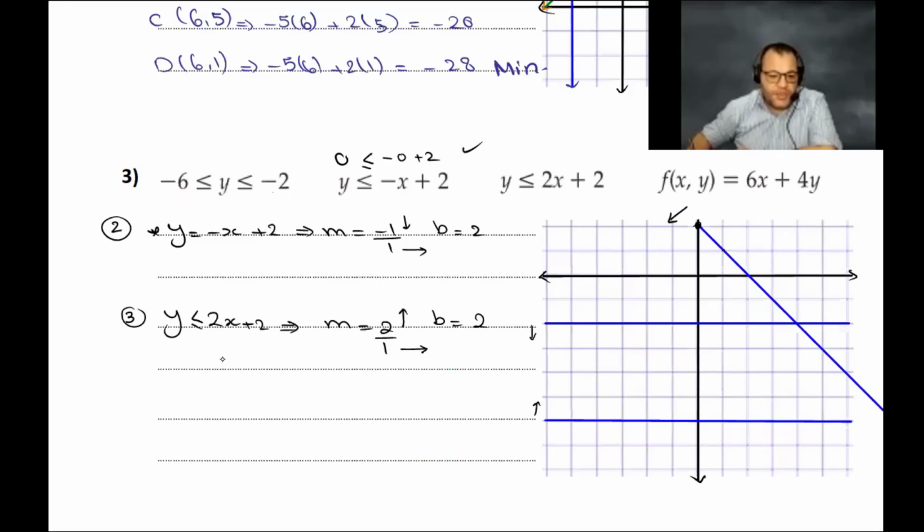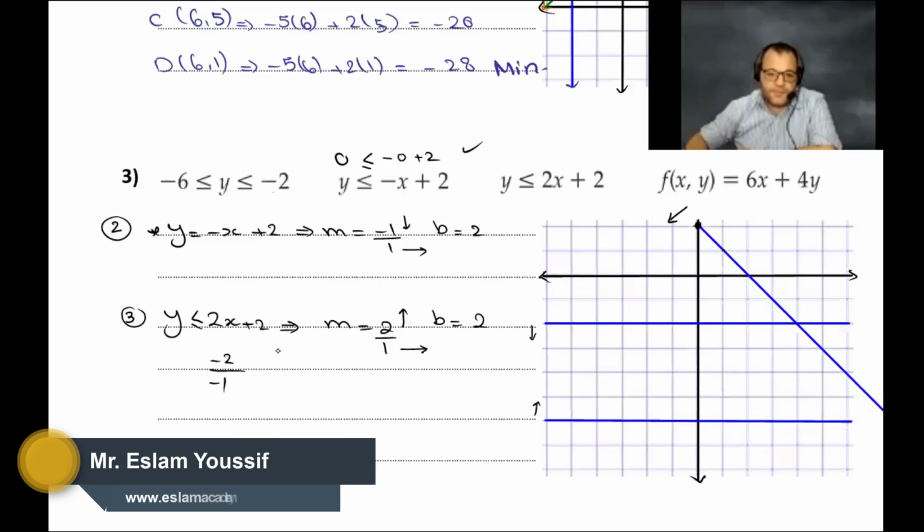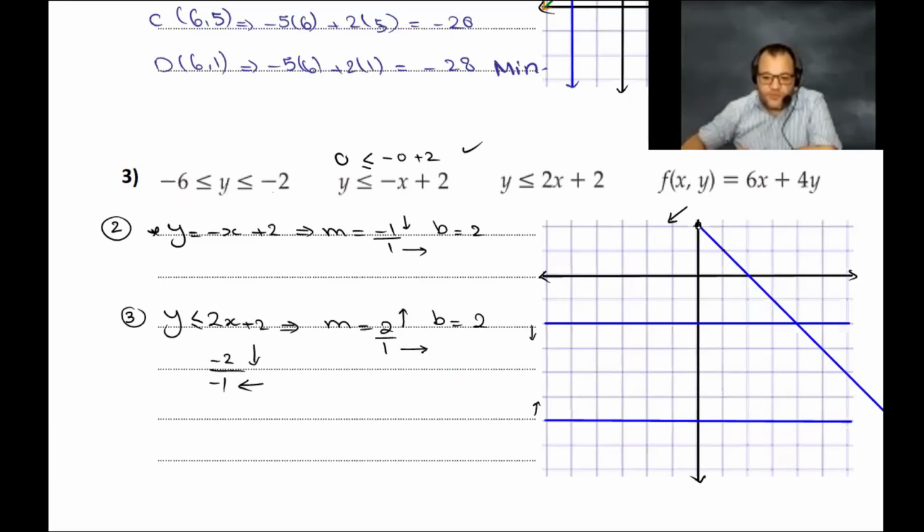So we use -2 over -1 to keep the value positive, going down 2 and to the left 1. Any problem until now?